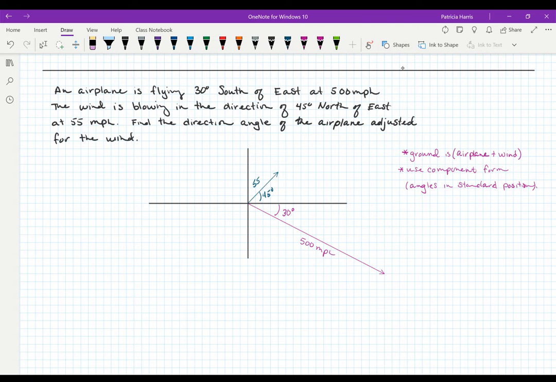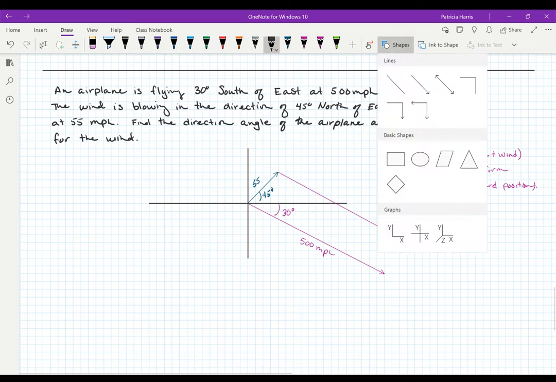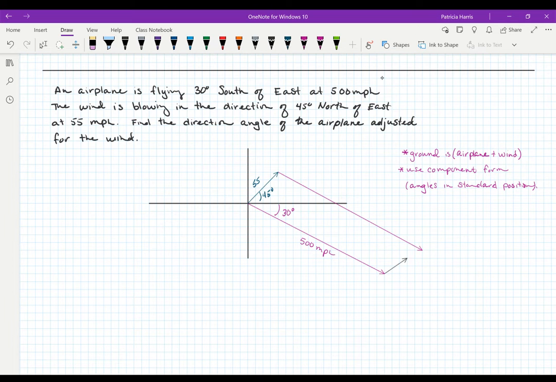Oops, it's not very straight. There we go.